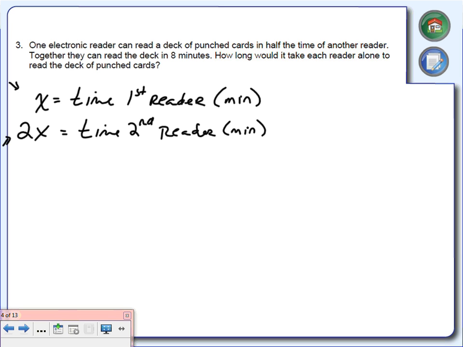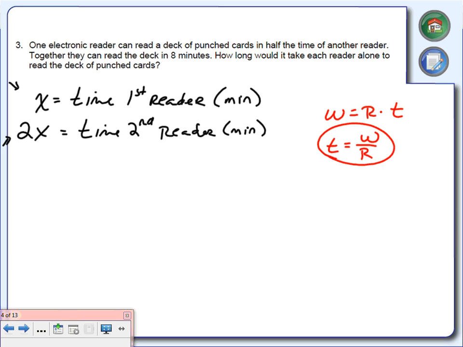All right, so let's see if we can set up an equation. Again, remember earlier I said that work was equal to rate times time, which we also said that time was equal to work divided by rate. So we're going to be using this little thing here again in a second. Time is equal to work divided by rate. All right, so remember, these readers are working together.